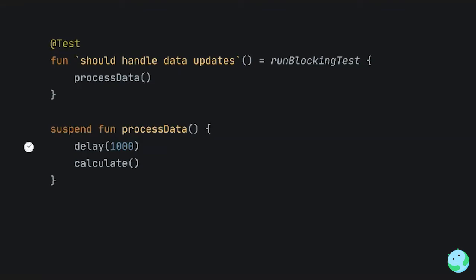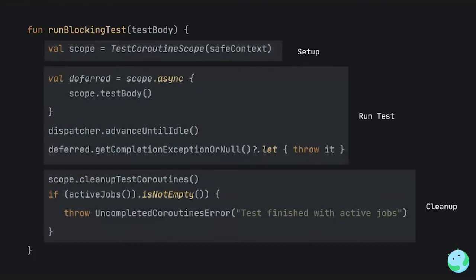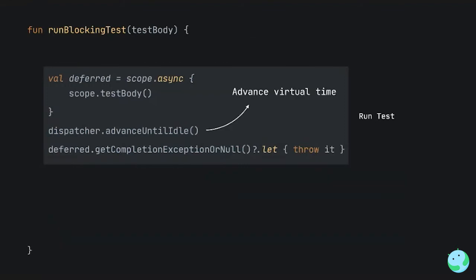The way this is handled is that when you look inside of runBlockingTest, you'll see there is this concept of a virtual time. And after it has run, when it goes to run your test, it will attempt to advance this virtual time until it's idle.